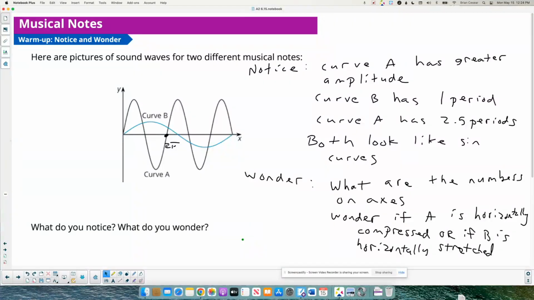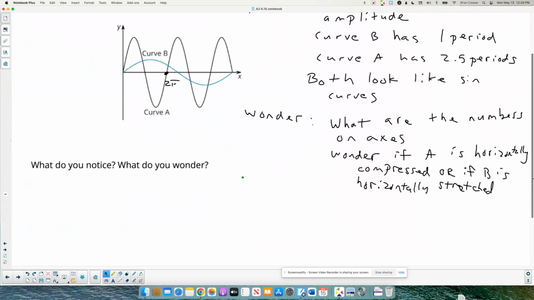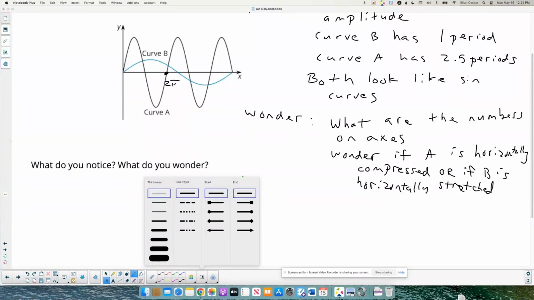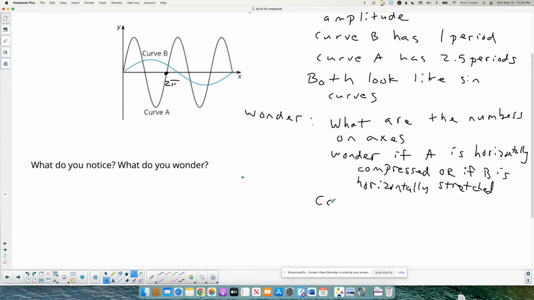What else? How about this? I wonder if, or could either of these be cosine curves that are translated?